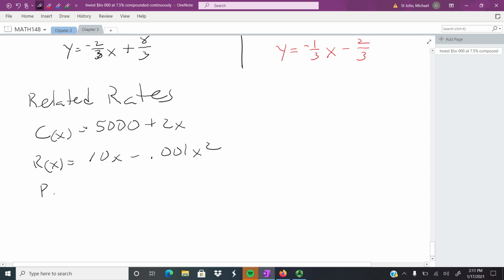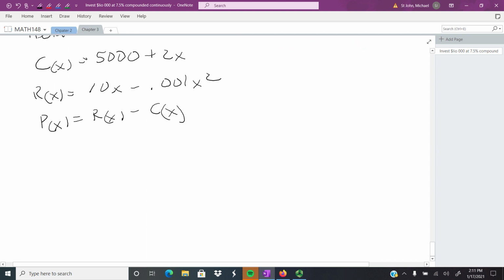And then my profit function is given by the revenue function minus the cost function. And then we're given something like this. We're given that the production increases at a rate of 500 per week.